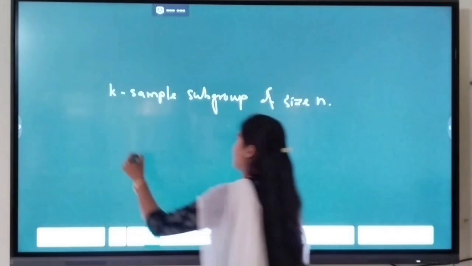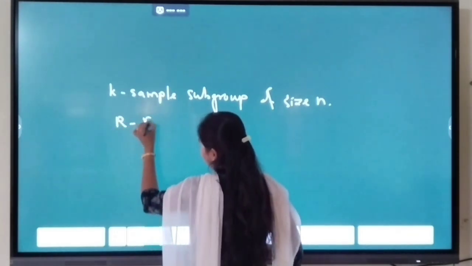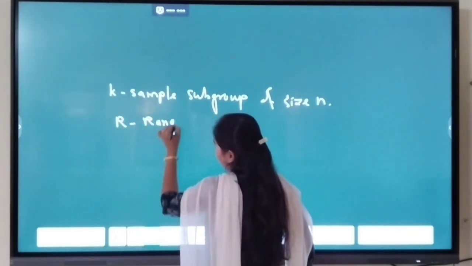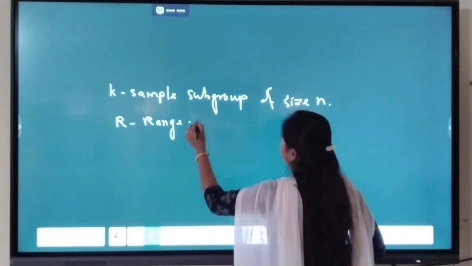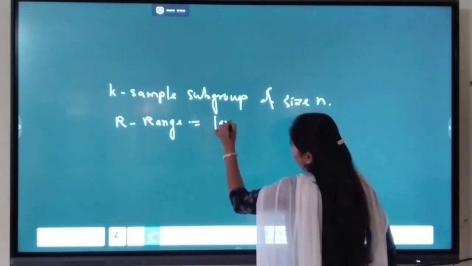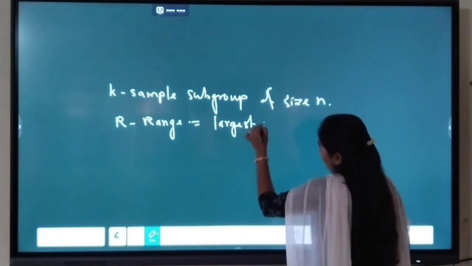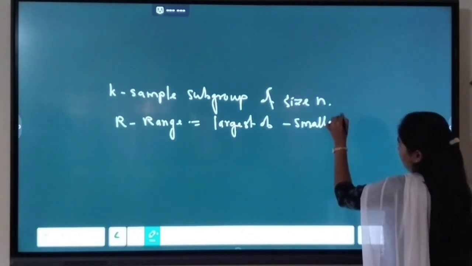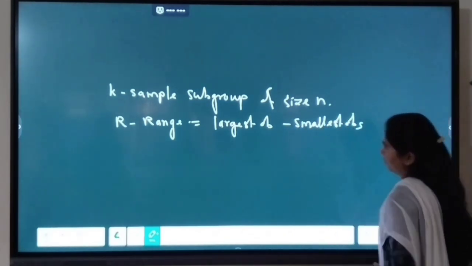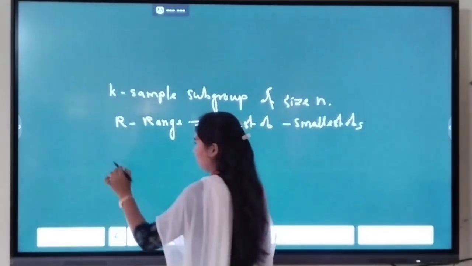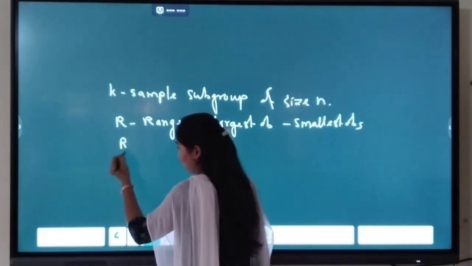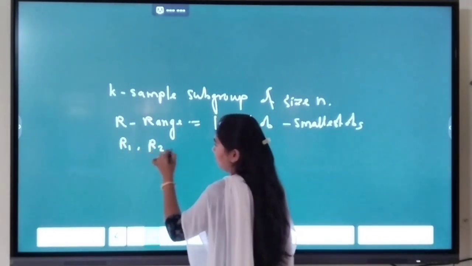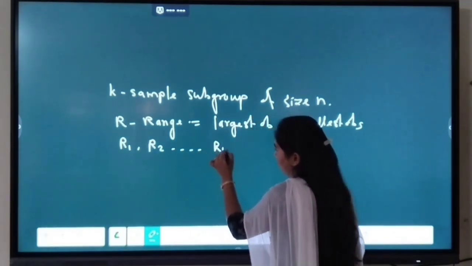Then we find the sample range. R is the sample range, which is calculated as the largest observation minus the smallest observation. Then we get the values of ranges, that is R1, R2, and so on, Rk.